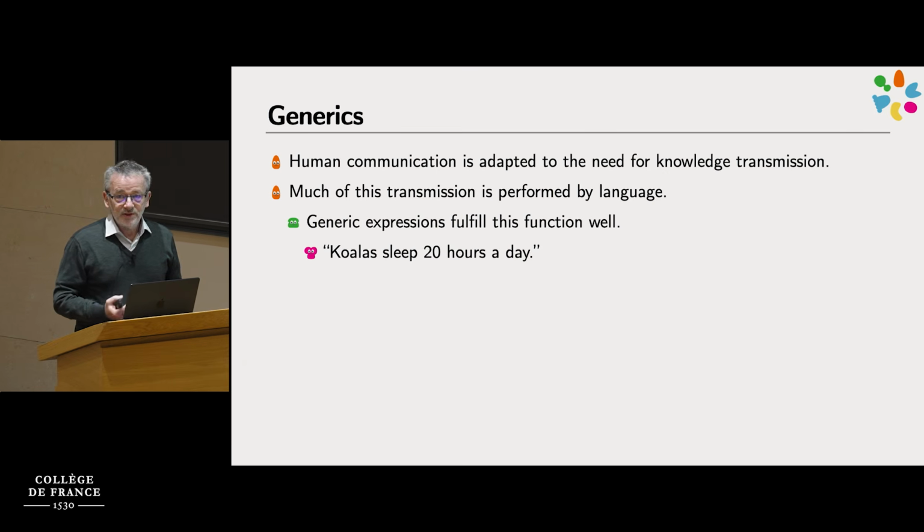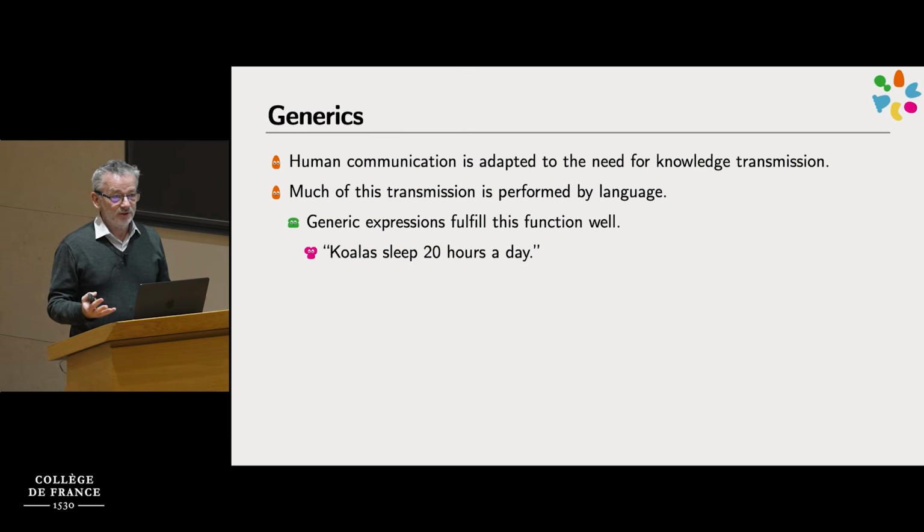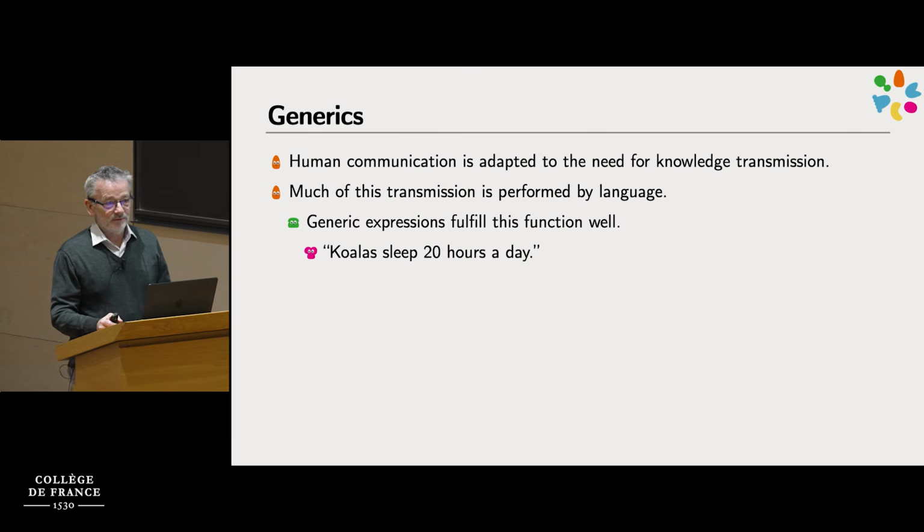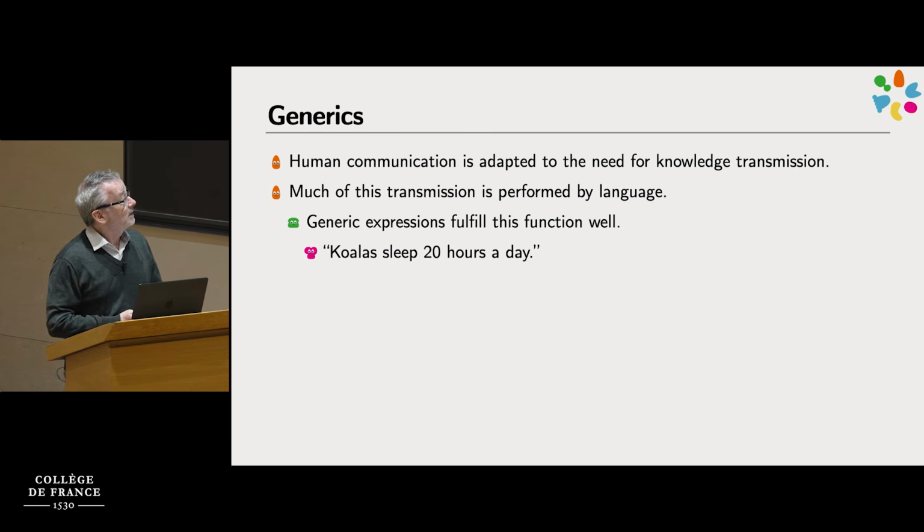This is just magic, just humans can do that. I share this information, you acquire this generic knowledge, even if you haven't seen a koala before, not to mention that you haven't observed them sleeping and haven't collected the average amount of sleep that it is. It's amazing that humans can do this with these kinds of sentences.